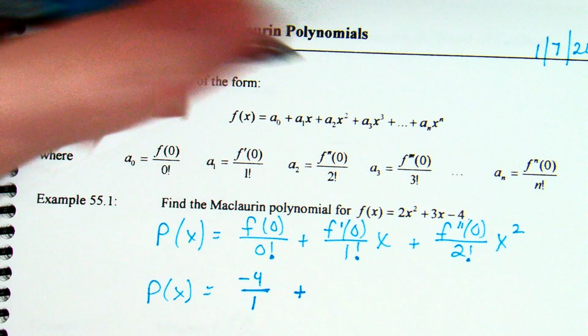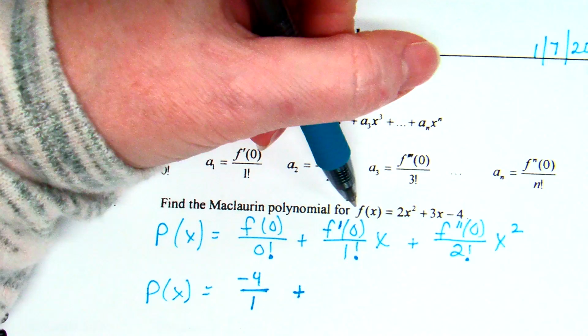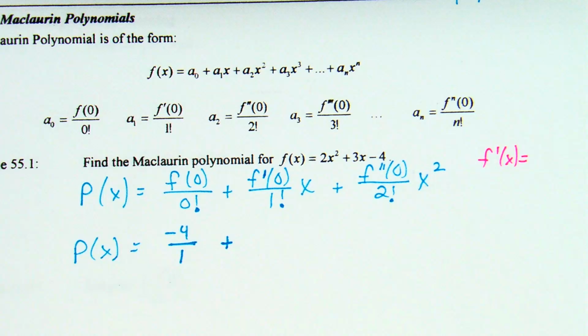Okay. Now, what about f prime of 0? How do I find f prime of 0? Okay, so you're going to have to find the derivative. What is the derivative of 2x squared plus 3x minus 4? 4x plus 3.